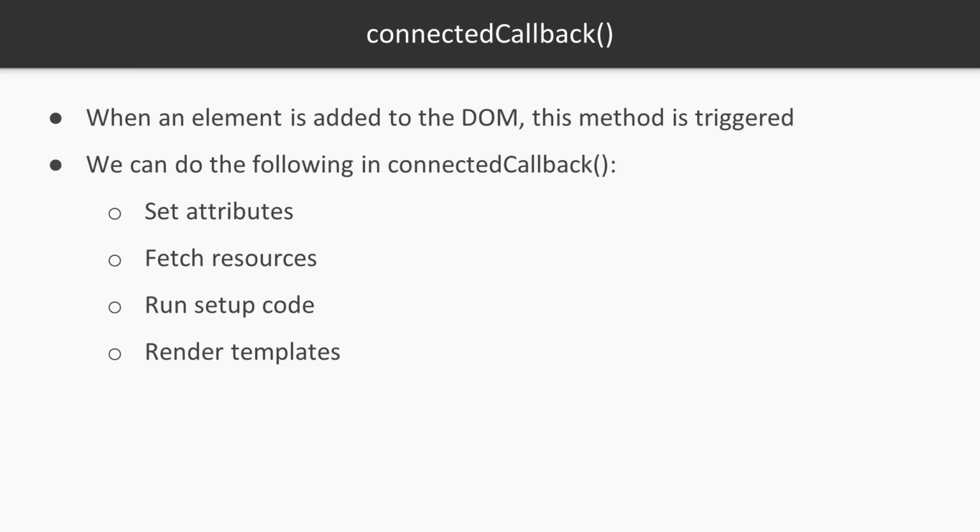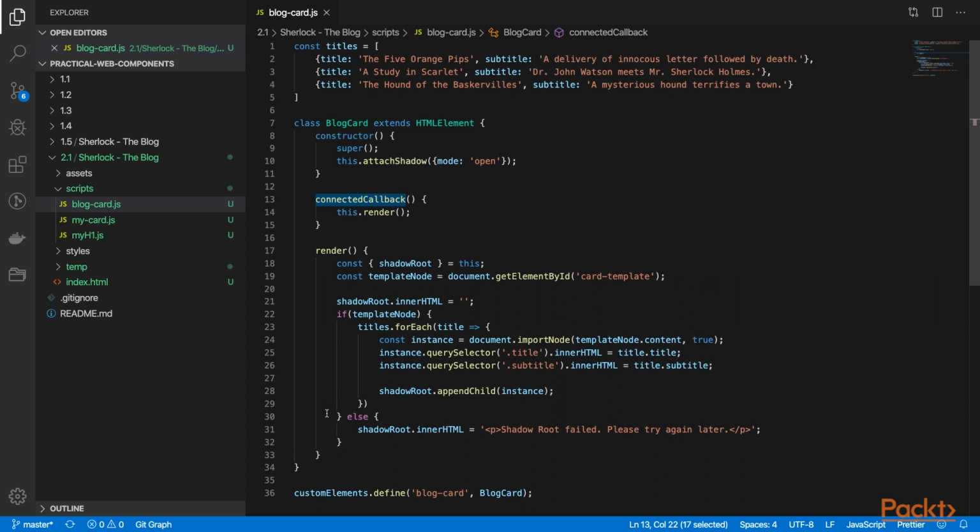In connectedCallback, we will be setting up code for rendering, while in constructor, we will be setting up resources which will be used by the connectedCallback for rendering. So that is the difference between connectedCallback and constructor. We have used connectedCallback for rendering the template. As we go further into our application, we will be using it for setting attributes and for fetching resources.